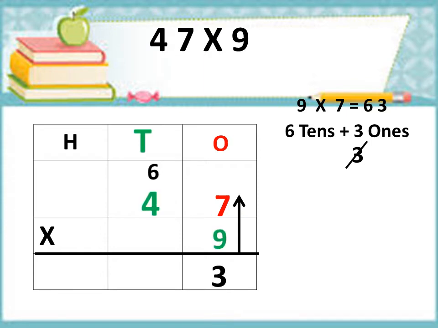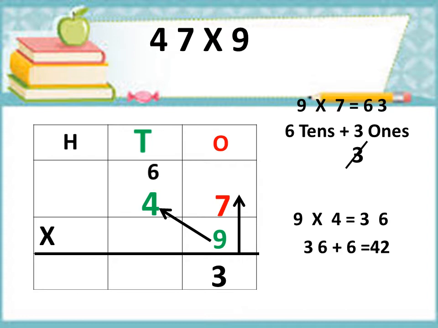After that, now multiply the digit in tens place, which is 4, with 9. 4 into 9 we get 36. So, 36 tens are added to the 6 tens which are carried forward.